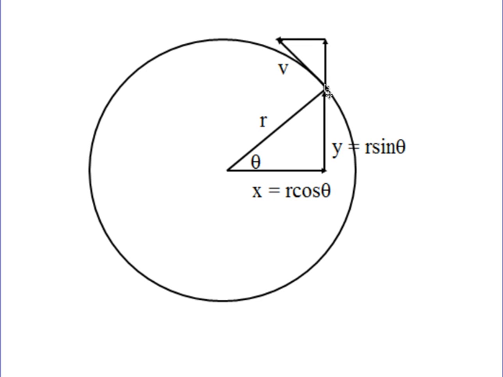But its velocity, of course, is tangent to the curve, and so the velocity will be made up of the x component, which will be in the negative i direction, and the y component.